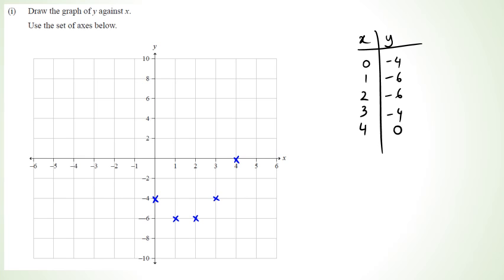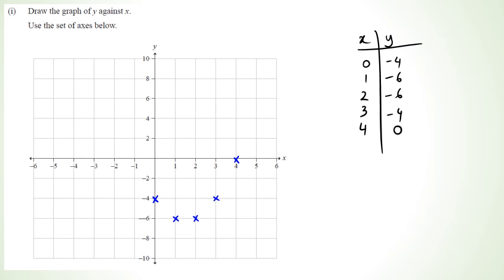Now, I always tell people this: just because you plot points doesn't mean you join them straight away. Think about this question. The question said Jody's thinking of a number, right? Let me just have a look at that question again. She thinks of an integer, which means you're not going to get a number like 0.5, 1.5, or anything like that.